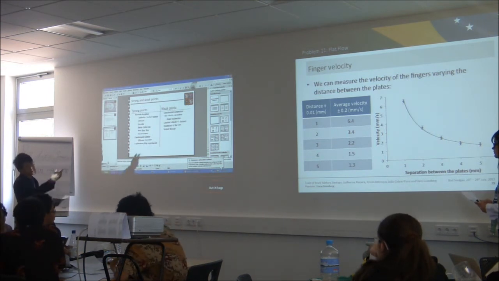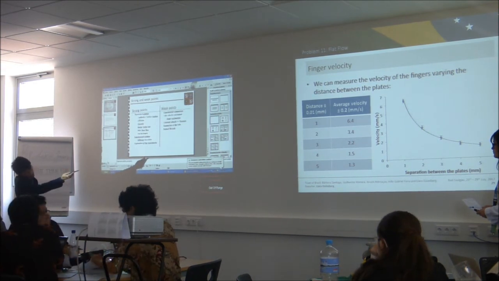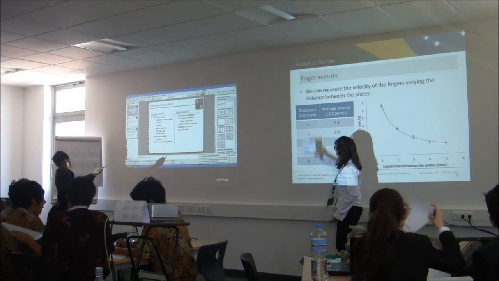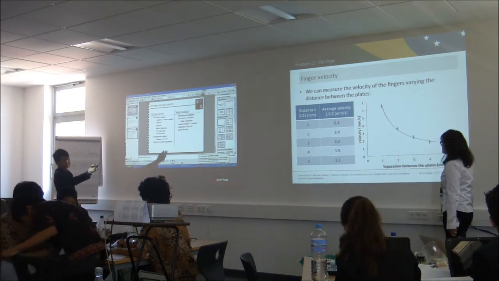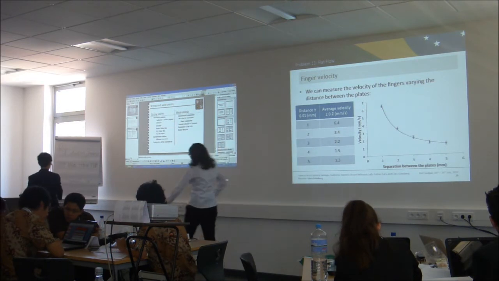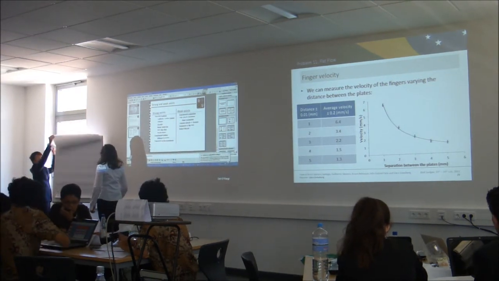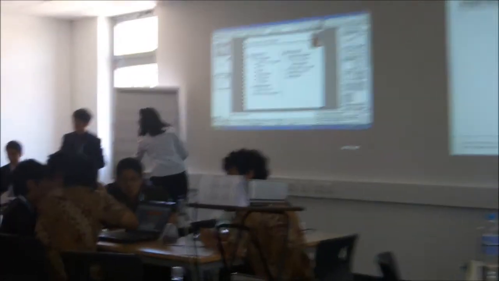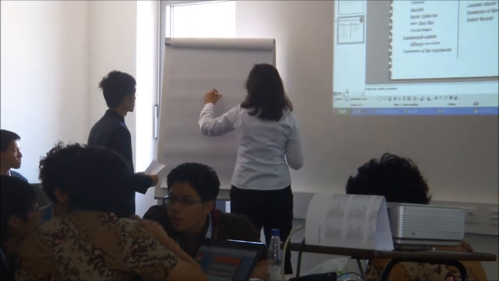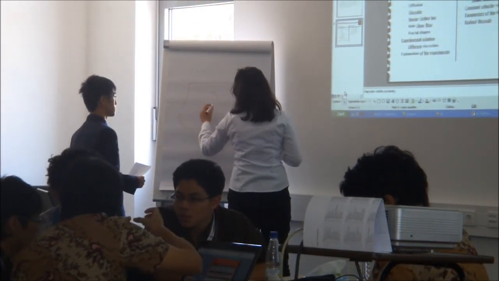Okay, then explain to me when, for example, the distance of the plate was 5, or what is it? 5 millimeters. What were the fingers? The fingers were small.